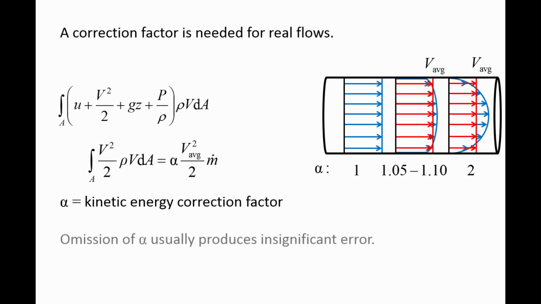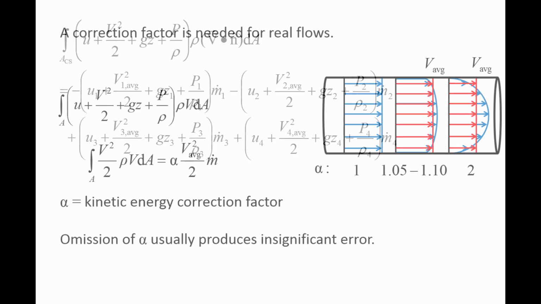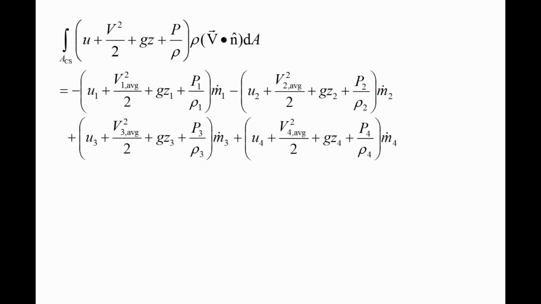Alpha is often not included in the conservation of energy equation because the omission of alpha usually produces insignificant error compared to typical uncertainties in a problem, and for the rest of this derivation, alpha will be omitted. The integral over the control surface has been replaced by 4 algebraic expressions. Notice that a negative sign appears in front of the inlet terms, while positive signs appear in front of the outlet terms.